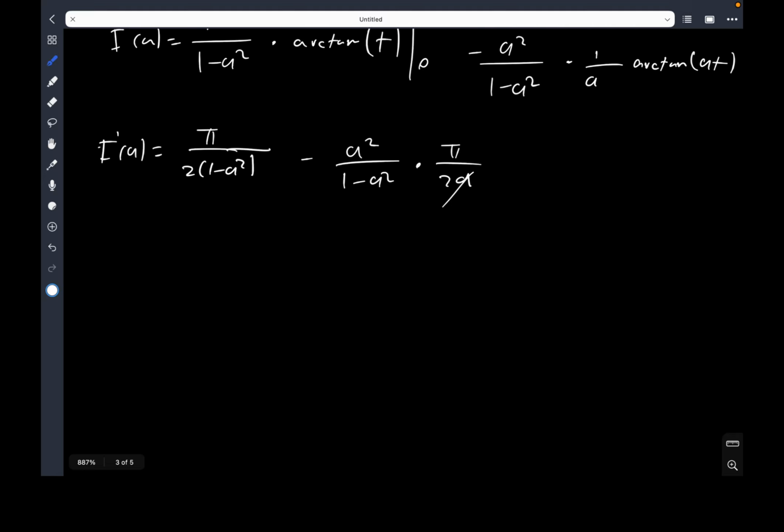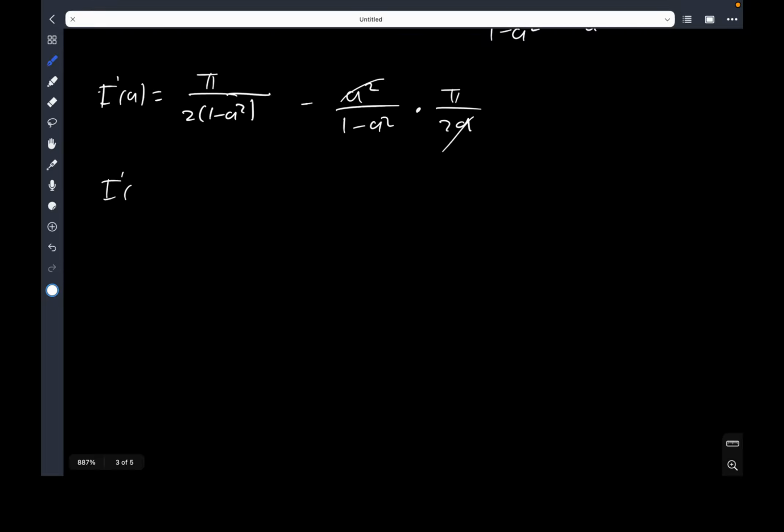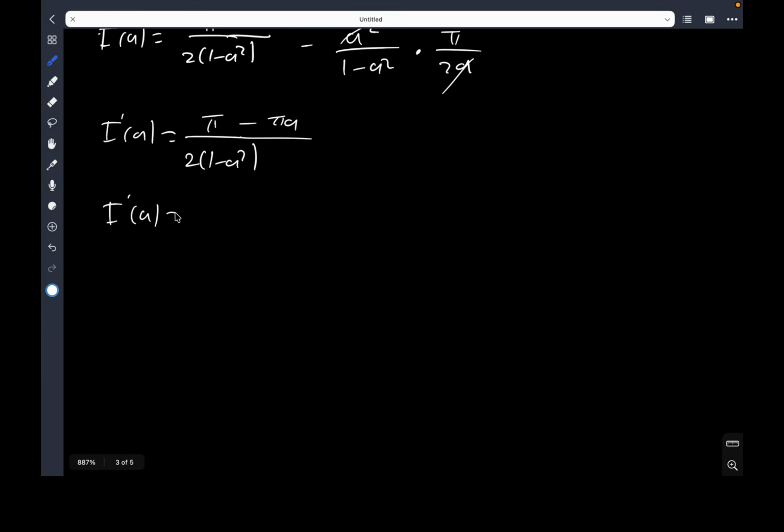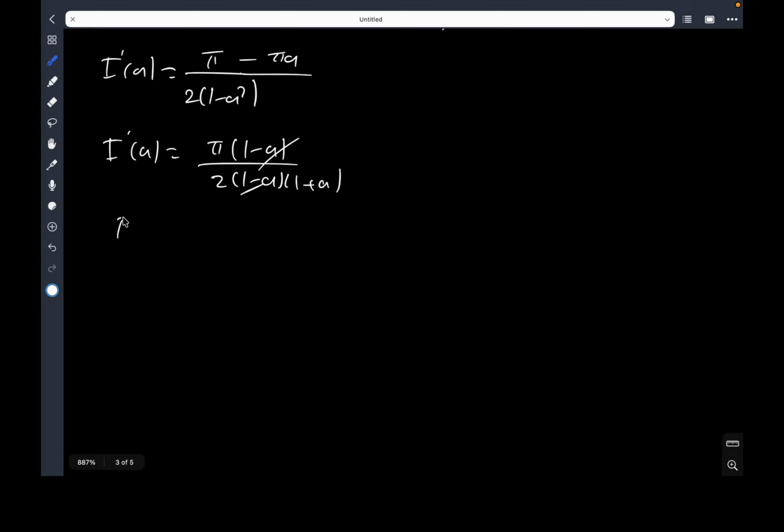And these two a's are going to cancel, and I prime of a is pi over 2 times (1 minus a) over 1 minus a squared. If I factorize, I prime of a is pi over 2 times 1 minus a over (1 minus a)(1 plus a), so I prime of a is pi over 2 times 1 over 1 plus a.